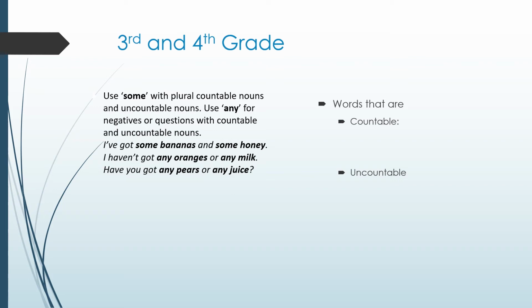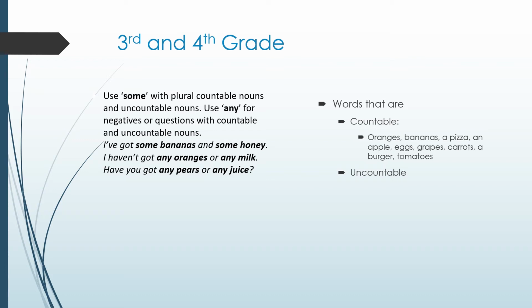Let's show some words that are countable and uncountable, just so you can remember what that looks like. Countable, we have oranges, bananas, a pizza, banana, apple, eggs, grapes, carrots, a burger, tomatoes. All of these things we can count. We can say I would like 1 orange, I would like 2 oranges.